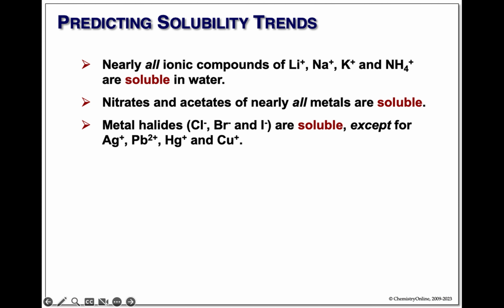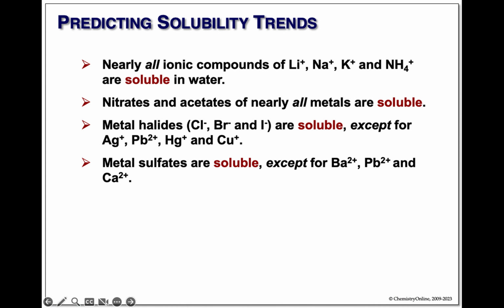If you have a metal halide, remember the halides we worry about are chlorine, bromine, iodine, they will be soluble, except for the ugly 4 here. We call these heavy metals: lead, silver, mercury, and copper. These will all be insoluble. Sulfates are very similar.